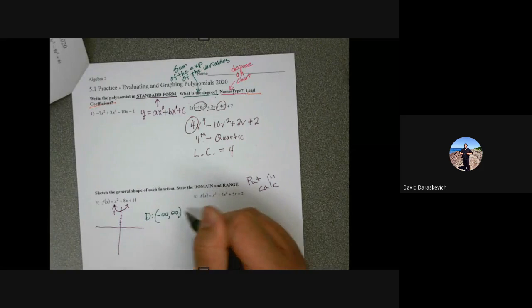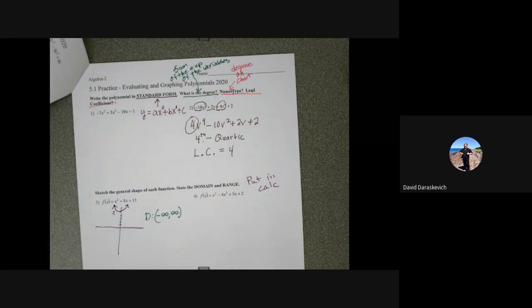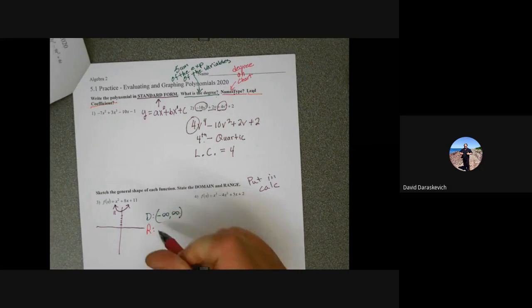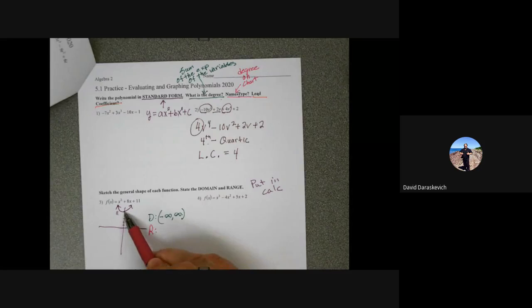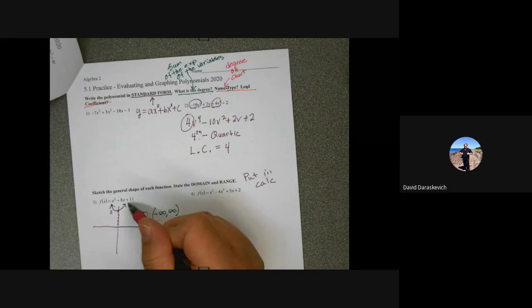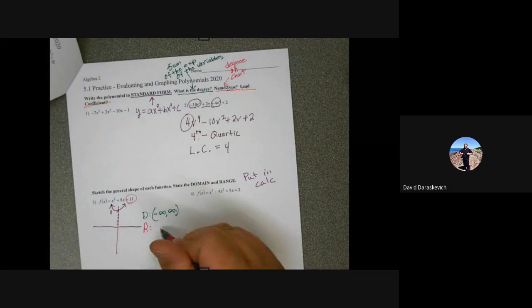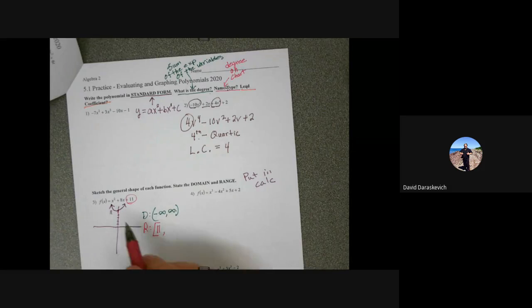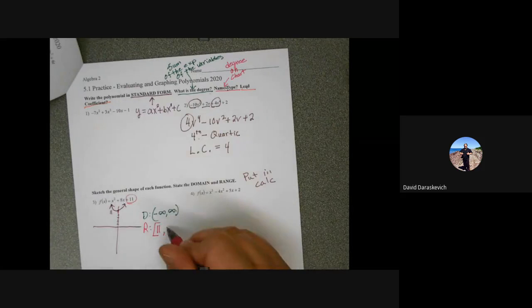Of course, it has parentheses because we can never reach it. Now, the range is going to be the y value of the vertex. So in this case, it's our constant c. It's going to go from 11, includes that 11, so I'm going to use a bracket, and then it goes up to infinity.